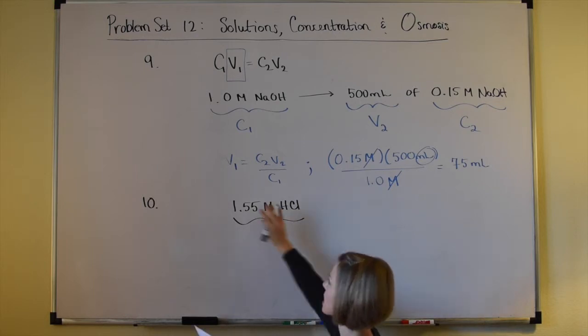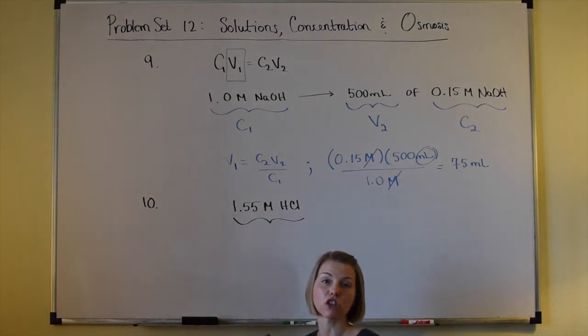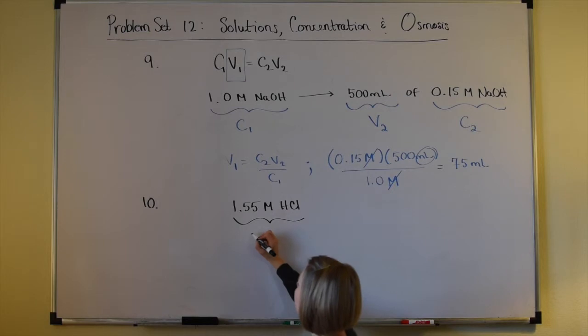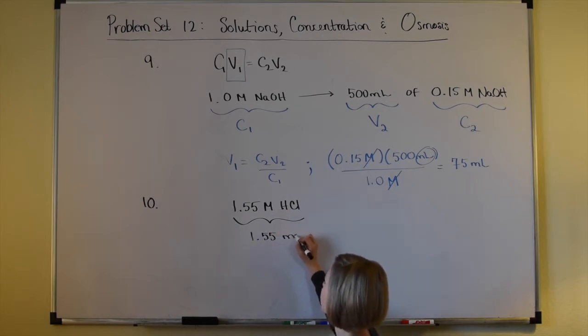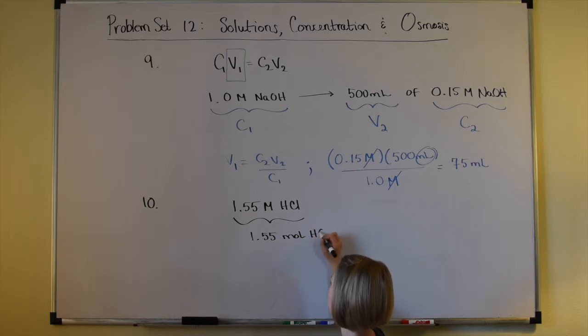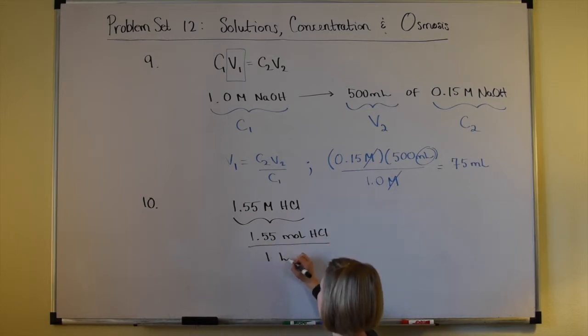So let's first think about what this concentration means. This means that there are 1.55 moles of solute, the HCl, in every 1 liter of total solution. Okay.